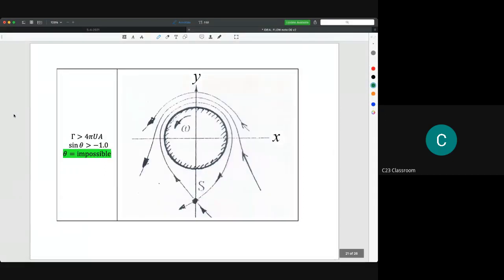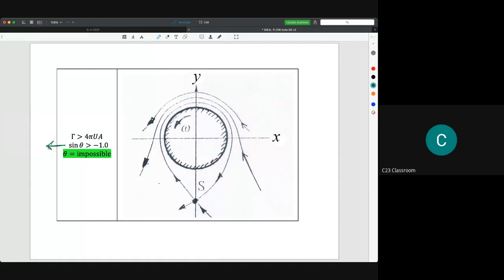And then if the value of gamma is greater than 4 pi UA, the value of sin theta is greater than -1. In a sinusoidal wave, you must know that it cannot exceed 1. It is never possible for you to get sin theta 2.1, 3.1 and so on.